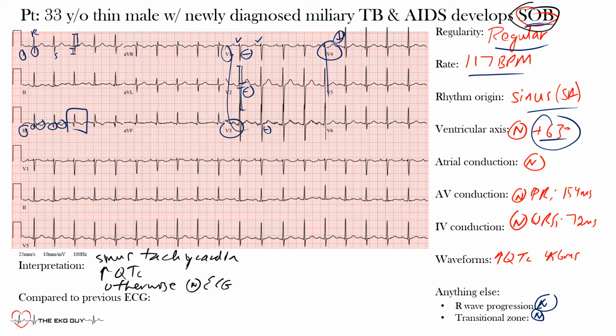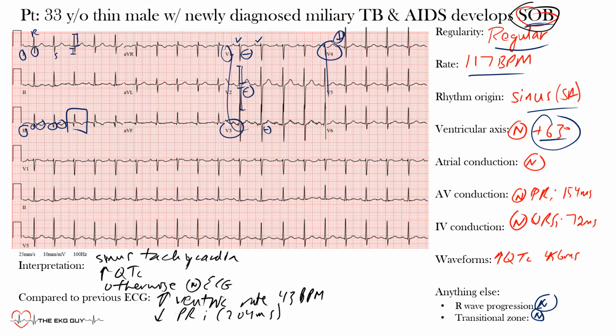And then remember, when we compared it to a previous EKG, we saw an increase in the ventricular rate on this one by 43 beats per minute. Okay, and we also saw a decrease in the PR interval. Okay, previously it was 204 milliseconds, in the first degree AV block range.